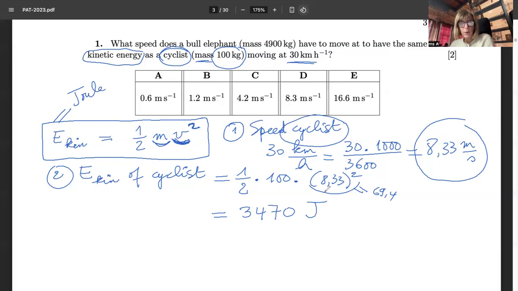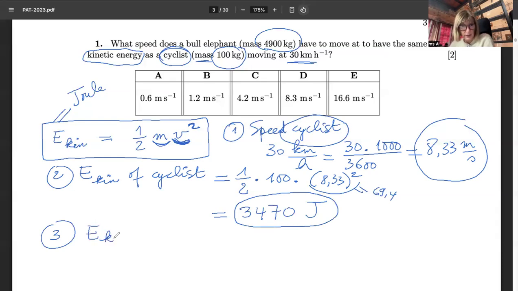Okay, good. So now I know this is the kinetic energy of my cyclist, and it is the same, because that's the idea, as a bull elephant who has a mass of 4,900 kilos. So my last step, number 3, is first I write what I want to find.